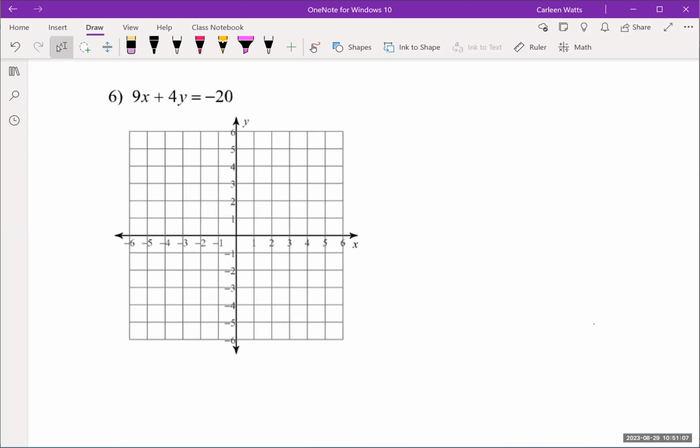This is not in slope-intercept form. This is in standard form. So I need to convert it from standard form to slope-intercept form.